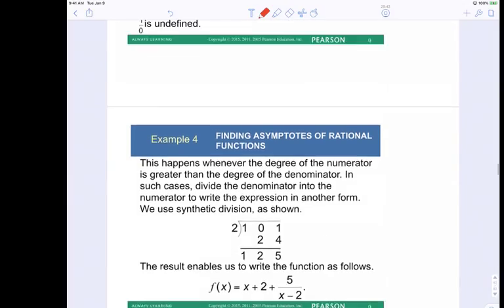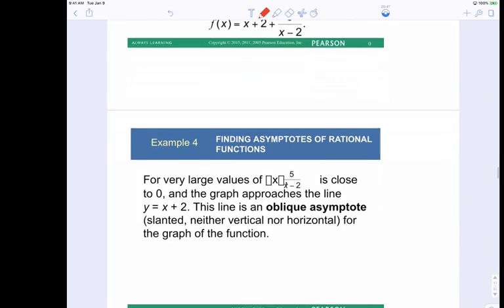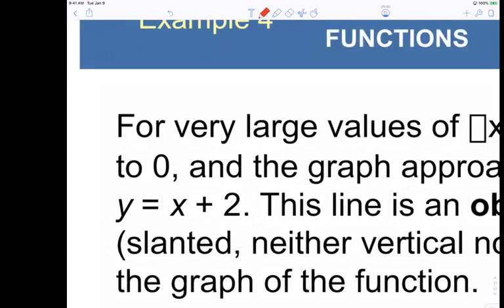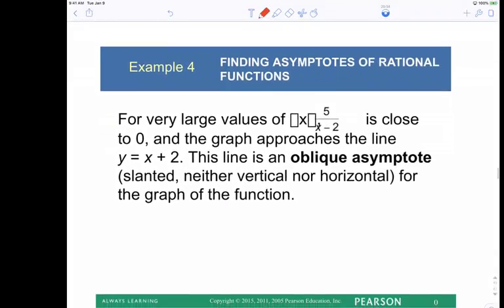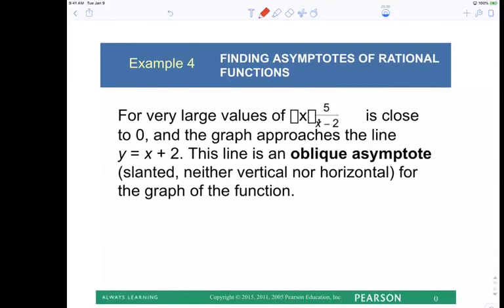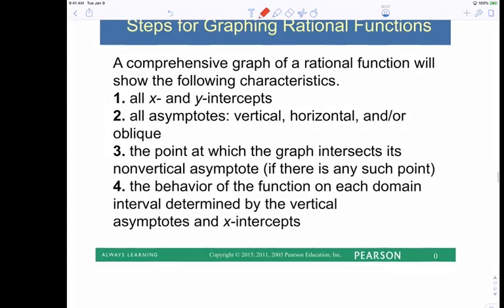Find the asymptote, okay, so the asymptote here should be y equals x plus 2. You see it right there. So when the degree of the numerator is larger than the degree of the denominator by 1 degree, we divide, and then the quotient is the equation of the slant asymptote, or the oblique. Okay?